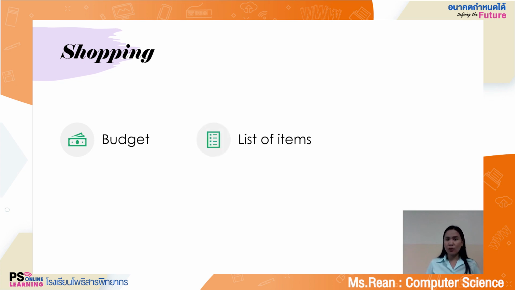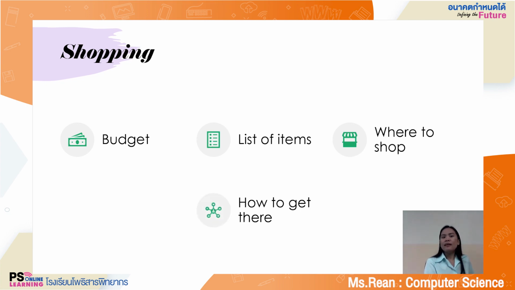Number two, what are the items that you should buy? Third, where are you going to buy? Are you going to Lotus? Are you going to Central? Are you going to the mall? Plus how to get there. How will you go there? Are you going to take a bus? Are you going to take a taxi? So this is the decomposition. You break down to make it easier to understand.